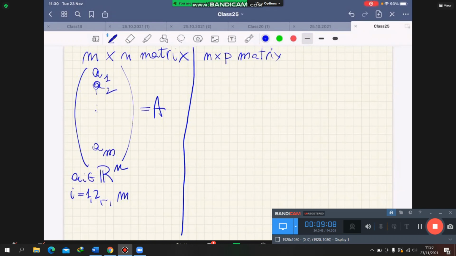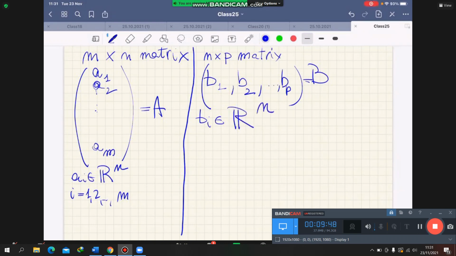So we have B1, B2, to Bp, where Bi is in R^n as well, because it has n columns.